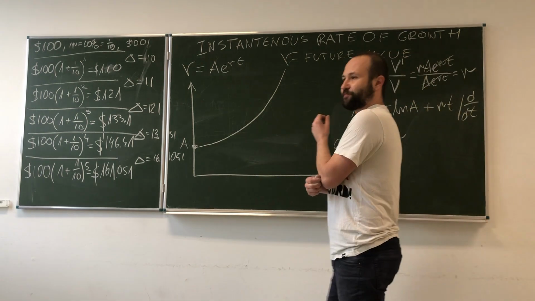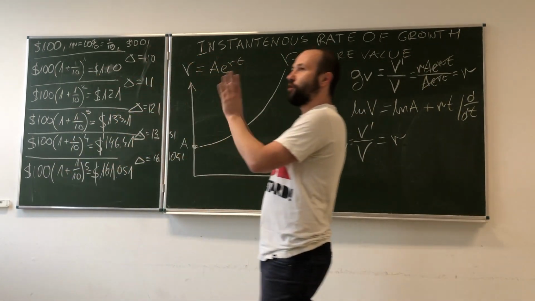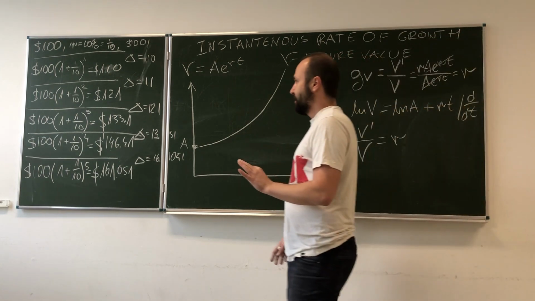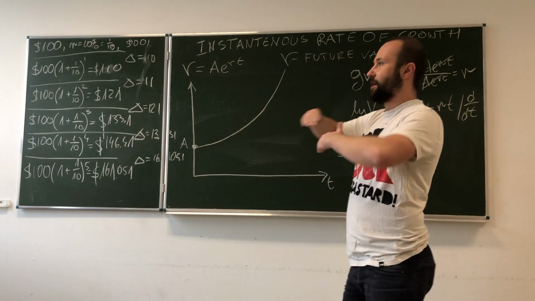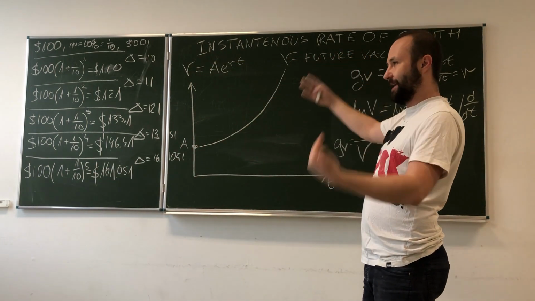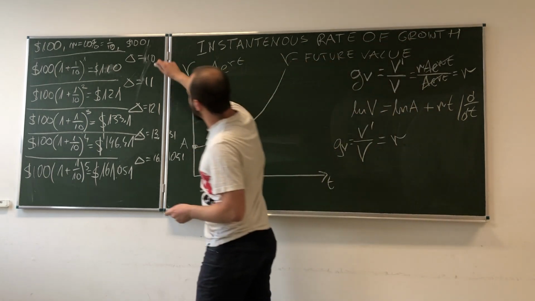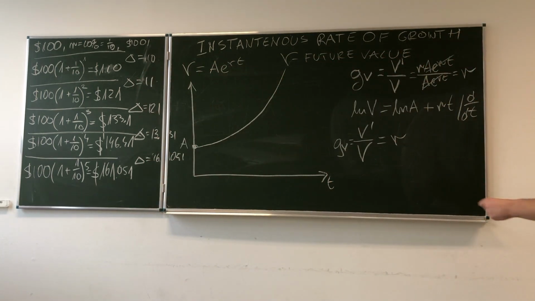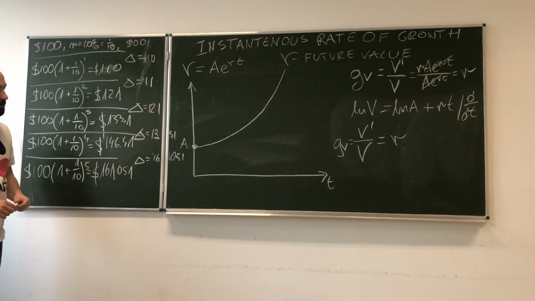So look, even though the rate of growth in terms of percentages is the same, is constant, because we have a bigger and bigger base, we will see that those values are increasing by a bigger and bigger number. And look, this is exactly what we see in this graph over here.